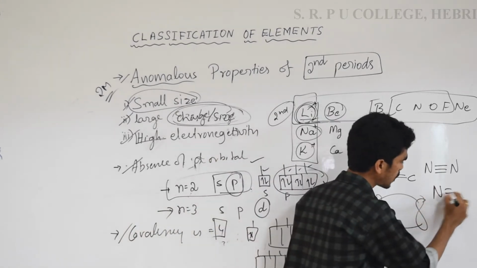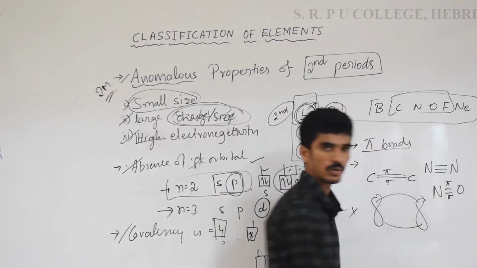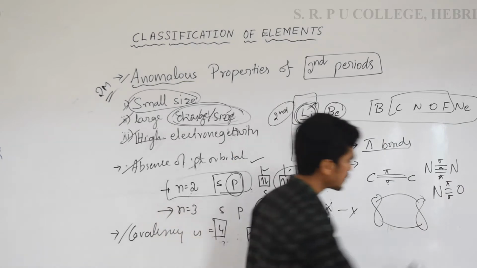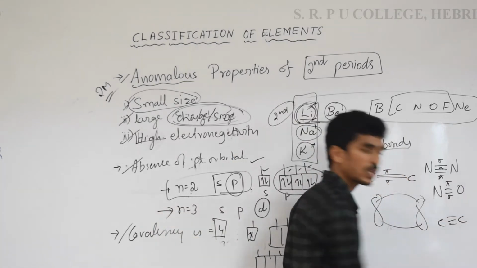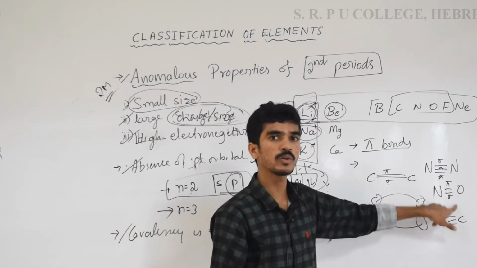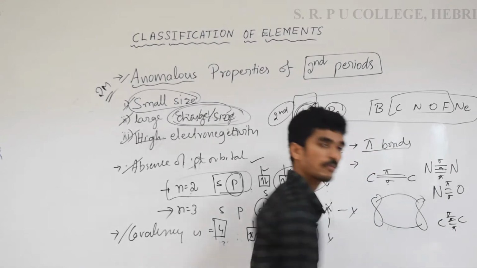If you take N double bond O, that also forms: one sigma bond and one pi bond. Here one sigma bond, two pi bonds. If carbon is present, a carbon-carbon triple bond is also possible: one sigma bond and two pi bonds.